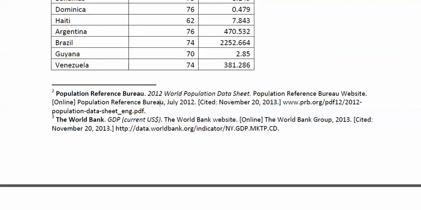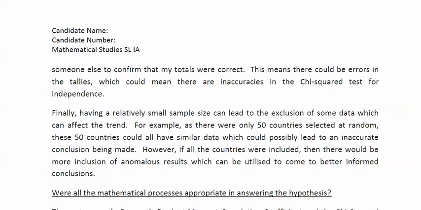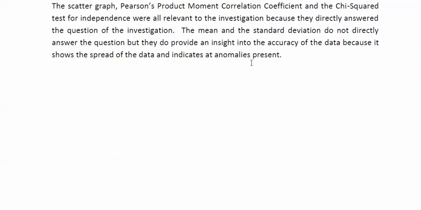It's done in a footnote, and also if I go to the very end, no, this is the wrong one. There was another, by another candidate, who included a bibliography and an appendix where I think they put a copy of a survey that they used to collect their data. So a bibliography is important.